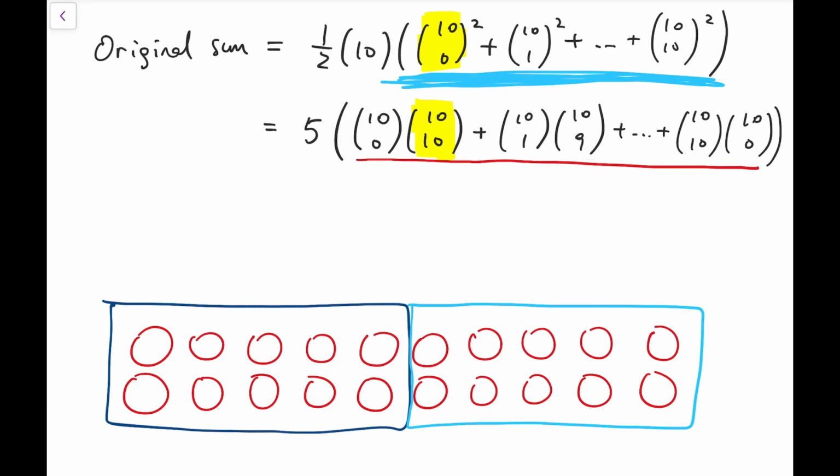So I'm going to choose 10 objects from these 20 red objects. The first way to do this is I just choose 0 among the dark blue group and take all 10 objects from the light blue group. Now the number of ways to do this is exactly equal to 10 choose 0 times 10 choose 10.